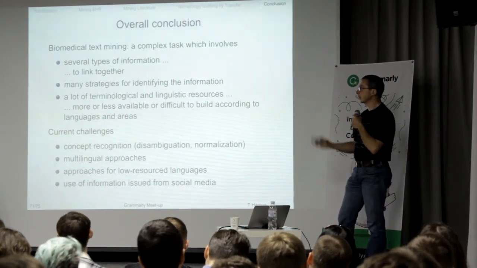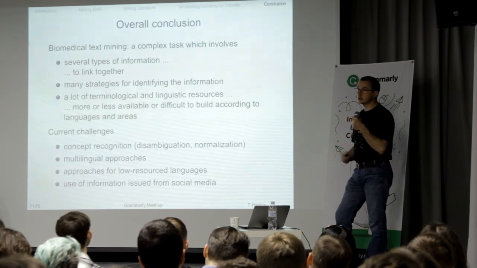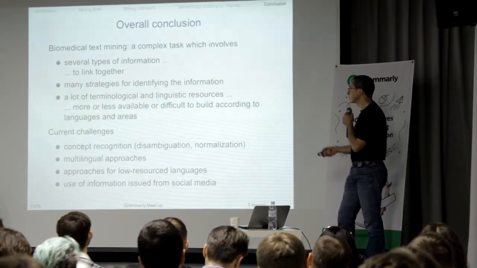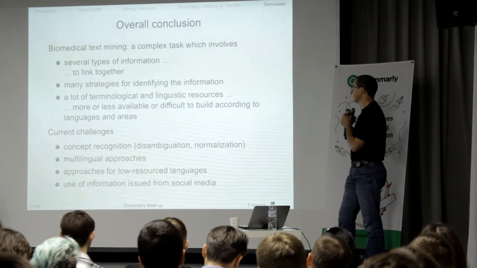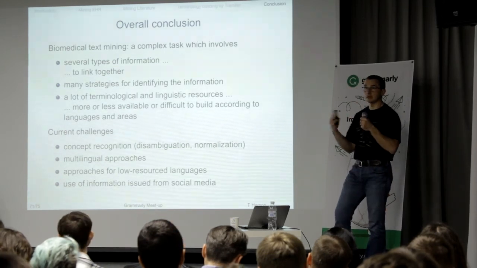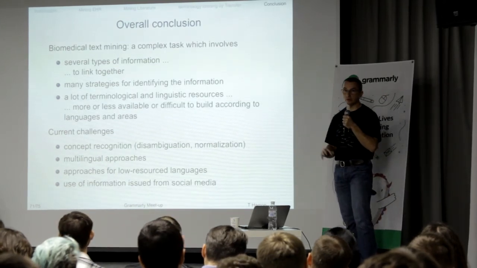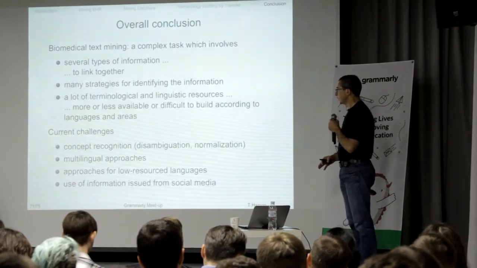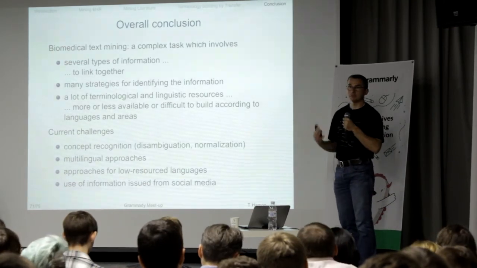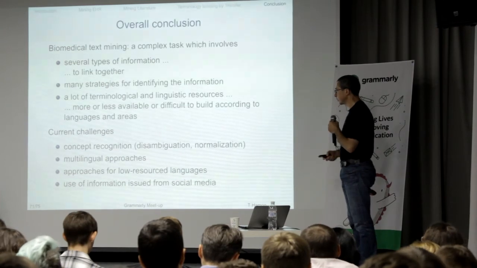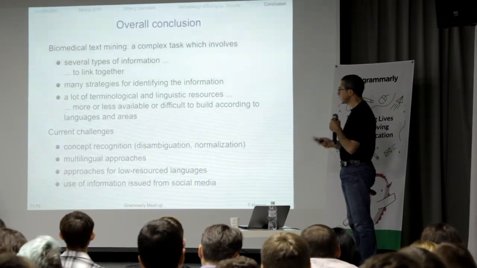You have to mix different kinds of strategies. You have to use a lot of terminological or linguistic resources, which can be more or less available according to the language. So you have to develop some methods for some languages.